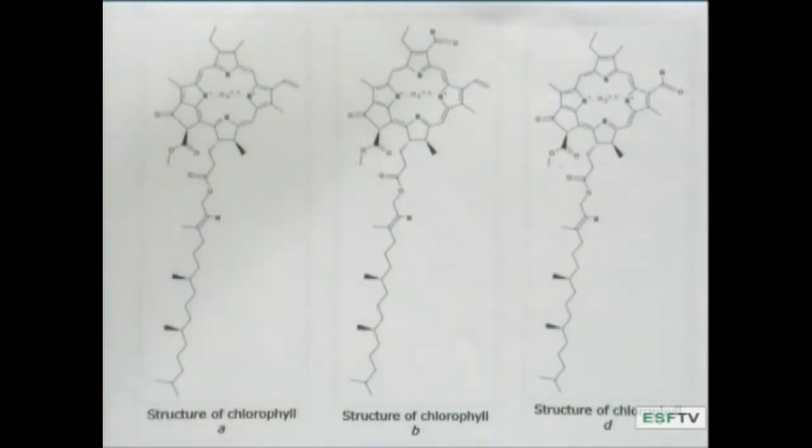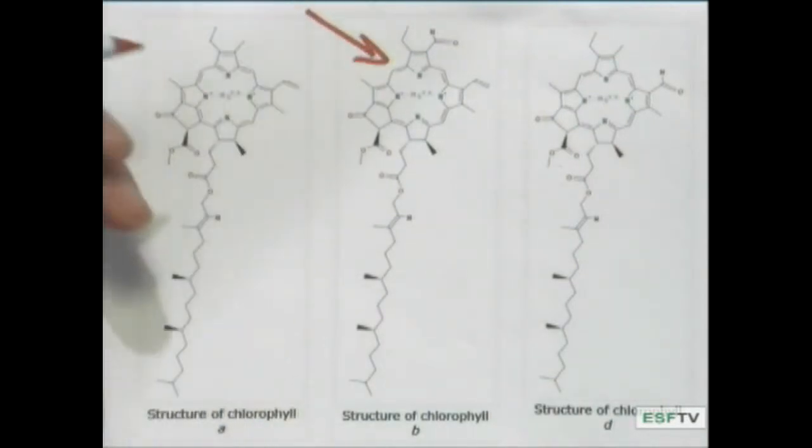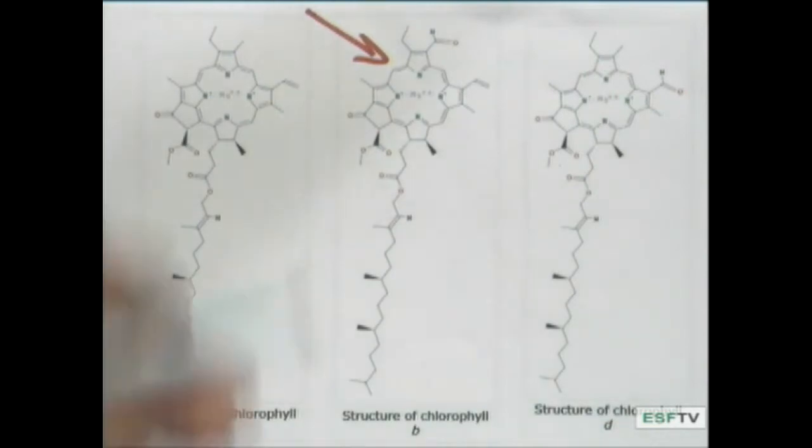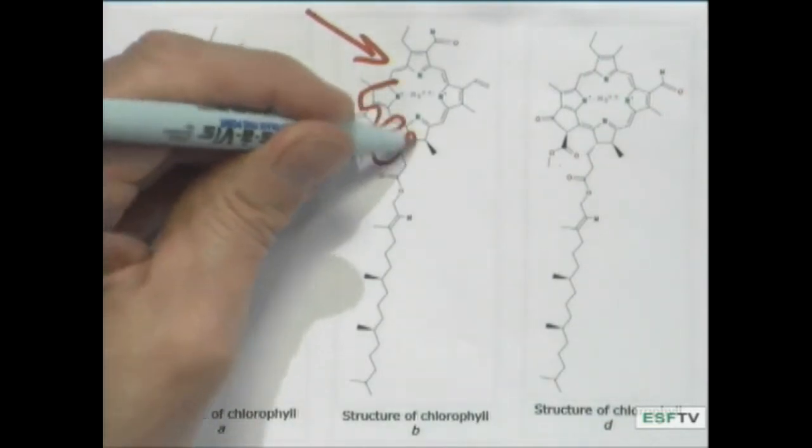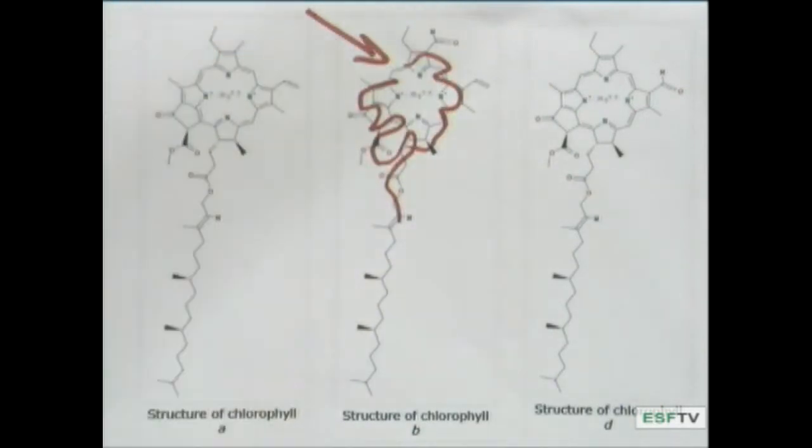And so when you have a photon of light coming in and intersecting this, then that generates a great deal of mobility of electrons through these double bonds. And when you have mobile electrons, this means you can have chemical reactions being generated. And this is the basis of the ability of green plants to be able to capture light, to be able to do useful chemical work, the end product of which, of course, is sugars.